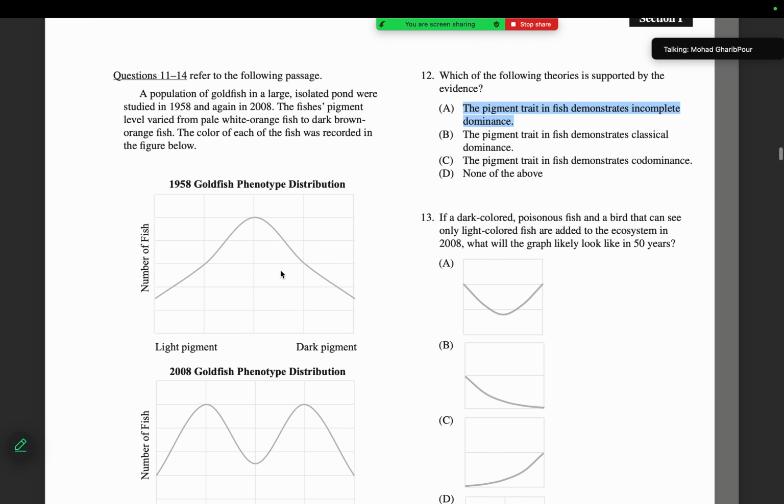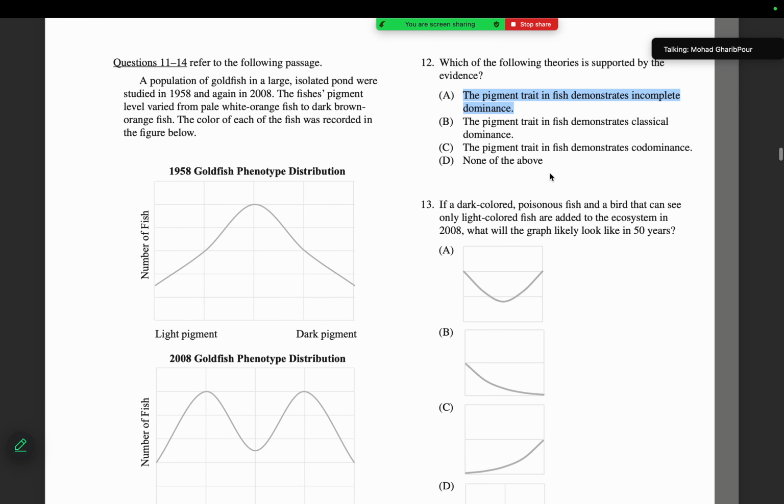But this graph doesn't really tell us anything about dominance, or mode of inheritance.